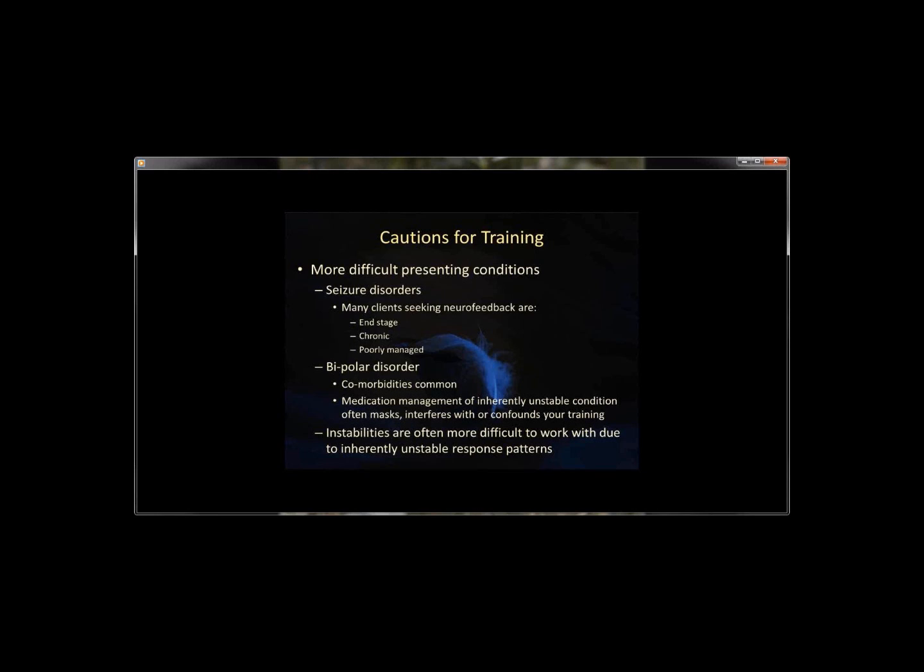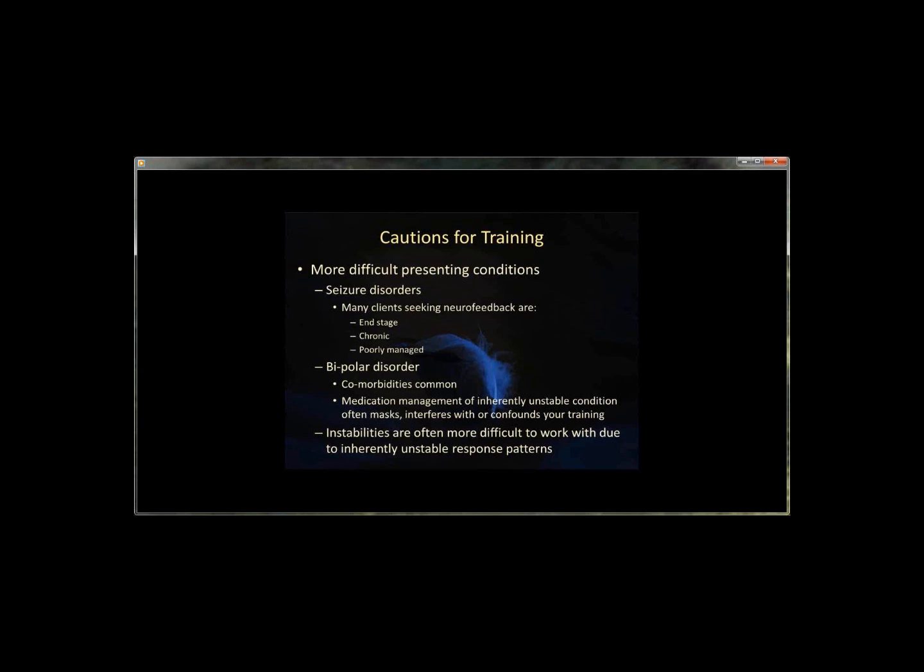The second group of very difficult presenting conditions includes bipolar disorder. Again, these folks are generally very delicately managed on their medications, if at all, even if they have any sort of management at all. They may also be very resistant to taking their medications because they don't like the effects of the medication. They often have comorbidities.